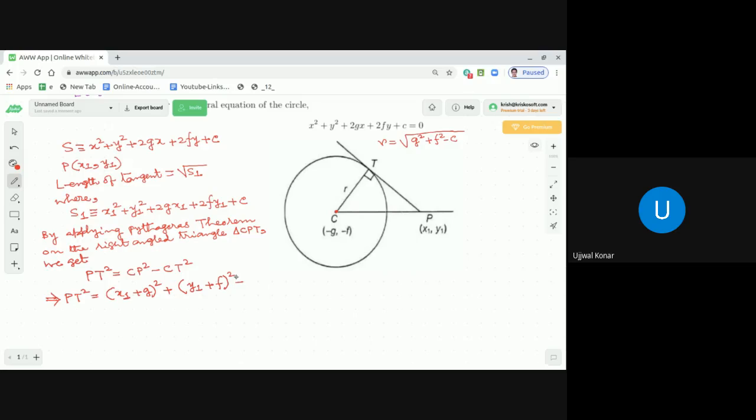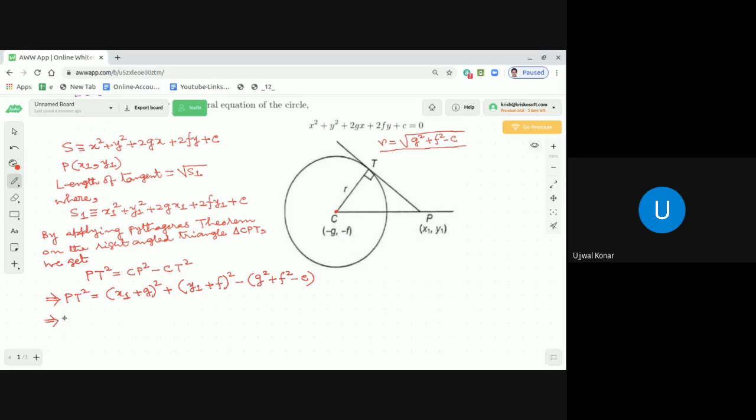CT square is what? That is r square. We know that r is equal to square root of g square plus f square minus c, so r square should be equal to g square plus f square minus c. Now we just need to find the value of this expression.